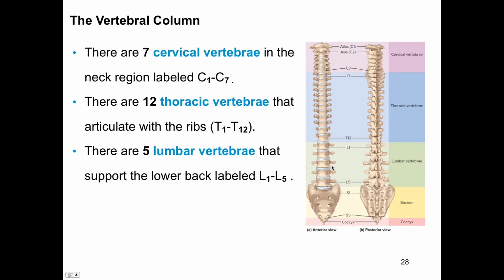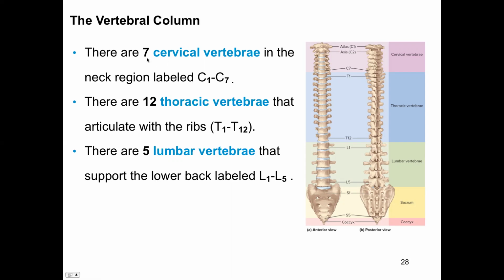The easy way to remember this is that 7 plus 5 is 12. I always know that there are 12 thoracic vertebrae, I don't know how I know that, but because of the 7 plus 5, I know there are 7 cervical and 5 lumbar. That will sort of help you. And they're labeled by their capital letter: L being lumbar, T being thoracic, and C being cervical.